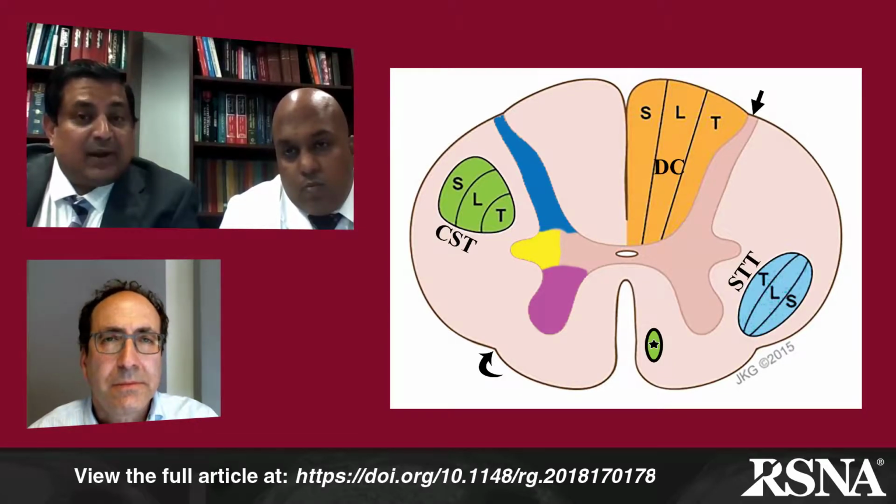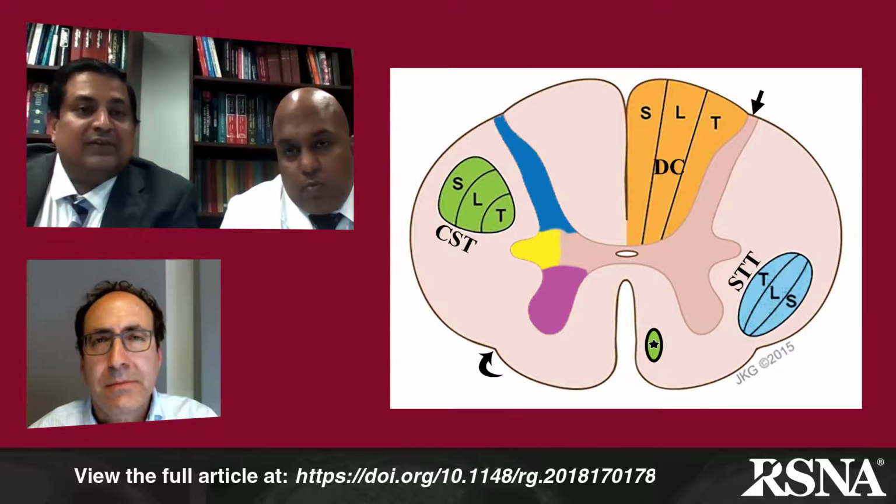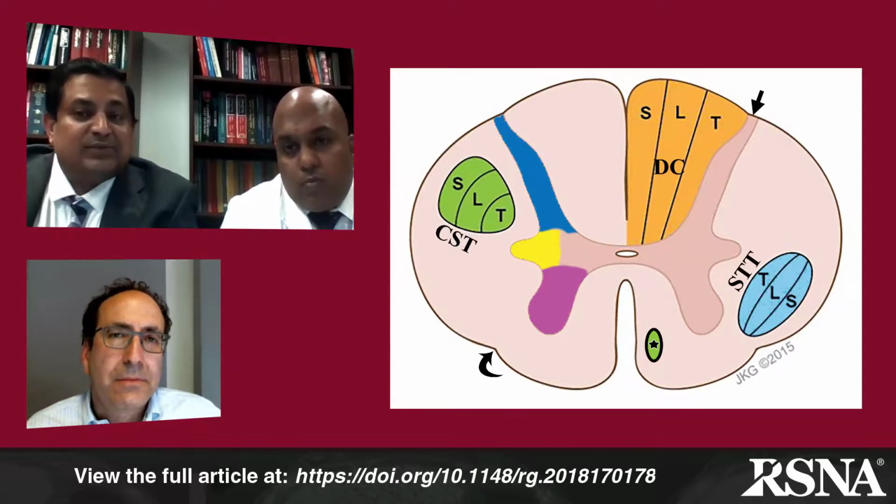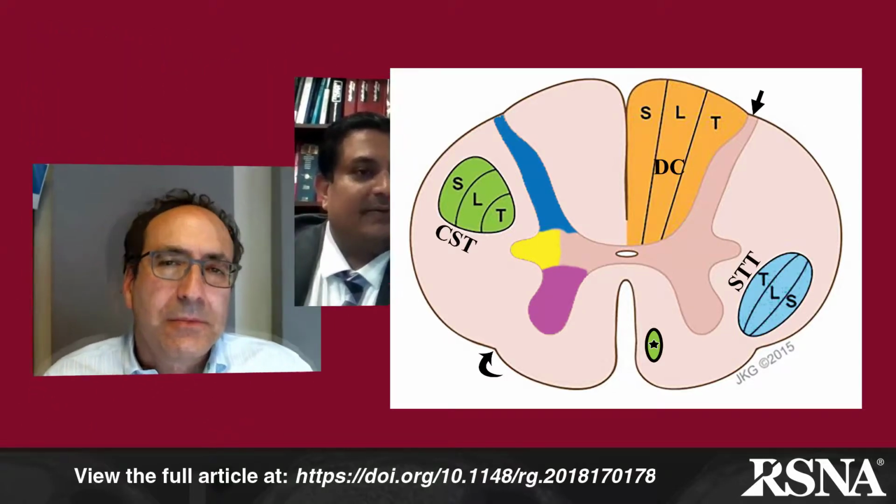Note 10% of corticospinal tract fibers do not decussate and continue ipsilaterally as the anterior corticospinal tract labeled with black spot. Arrows point to dorsolateral sulci where dorsal nerve roots enter, and curved arrows point to ventrolateral sulci where ventral nerve roots enter. Great. Thank you so much.